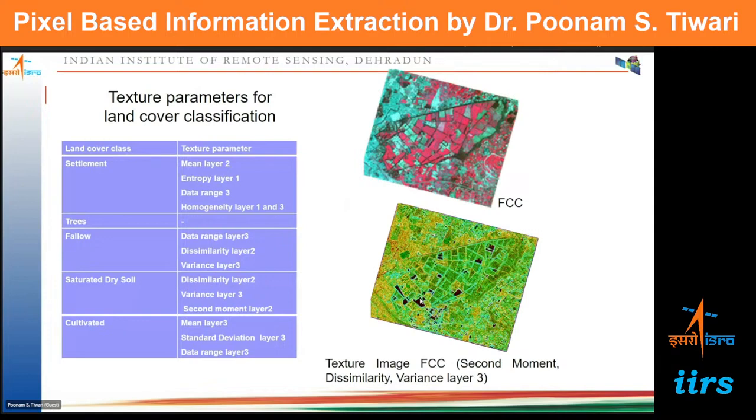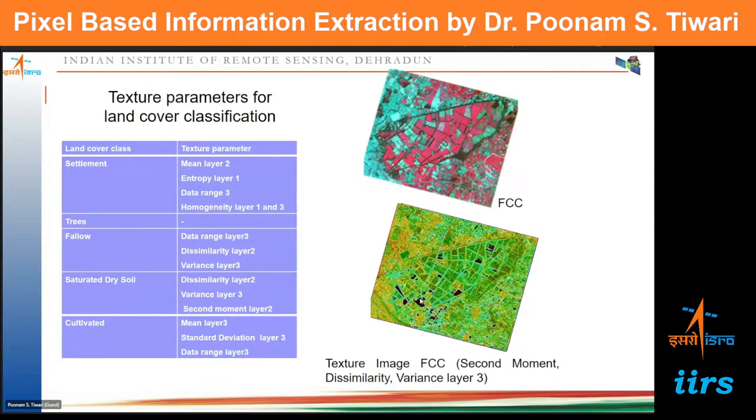Then for fallow area, the data range, dissimilarity, and variance, all these three were found to be useful. Then for saturated dry soil, dissimilarity, variance, and second moment of second layer. Then we have cultivated area in which the mean of layer 3, standard deviation of layer 3, and data range of layer 3 were utilized.